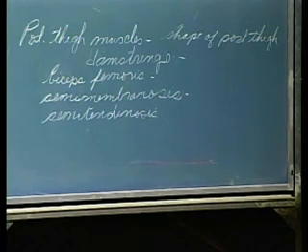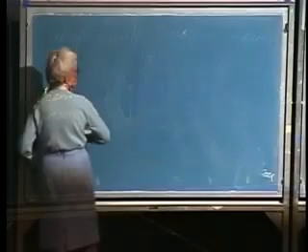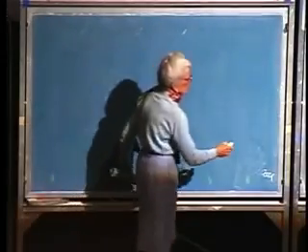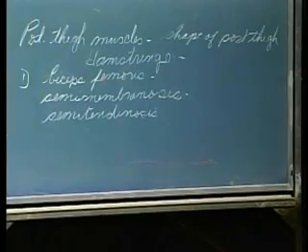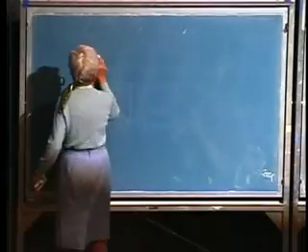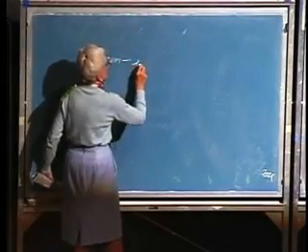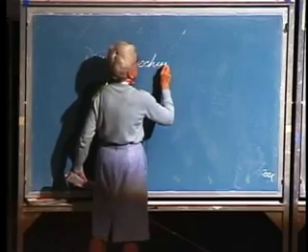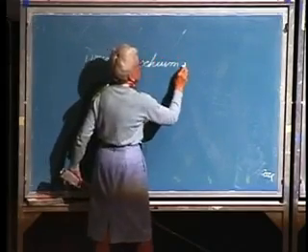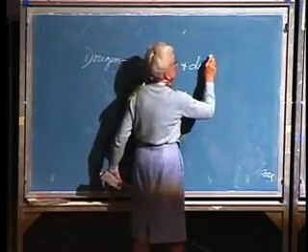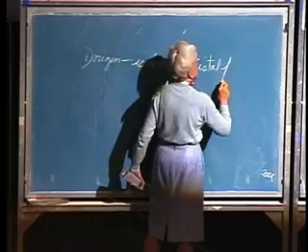One will be on the ischium, and the other will be on the distal femur. So we want number one here, origin, the ischium, and distal femur.